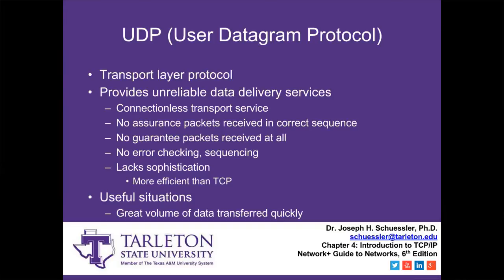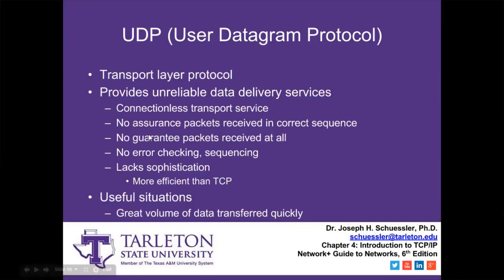Because it just starts transmitting, it really doesn't have any kind of idea about flow control. It doesn't really have any kind of idea about sequencing or the quality of a message or the quality of a circuit or anything like that. It simply sends the messages and assumes that the network is in good enough shape that messages are going to get where they need to get to.